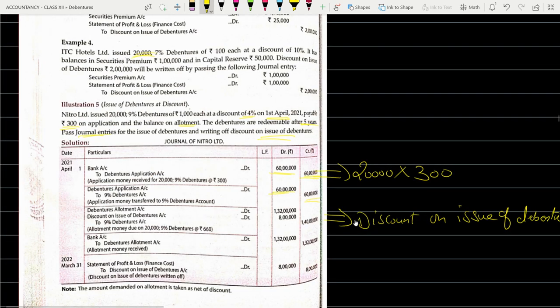And then the value, how you are going to derive it: they have said 4% debentures. So apply 4 percent on the face value of 1,000. In 1,000, what is 4 percent? When you cancel the common zeros, it will be 40 rupees. So 20,000 debentures into 40, how much will this give you? 8 lakhs.